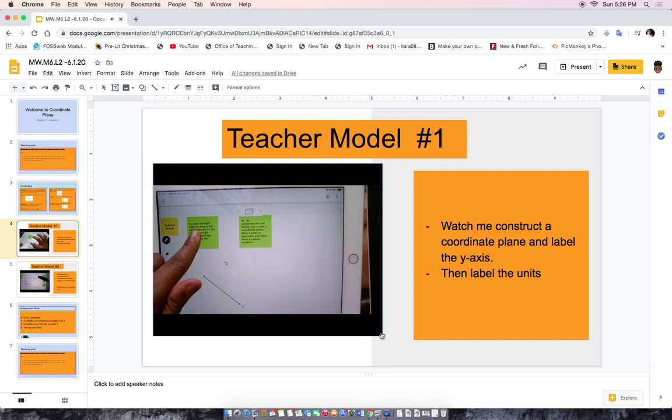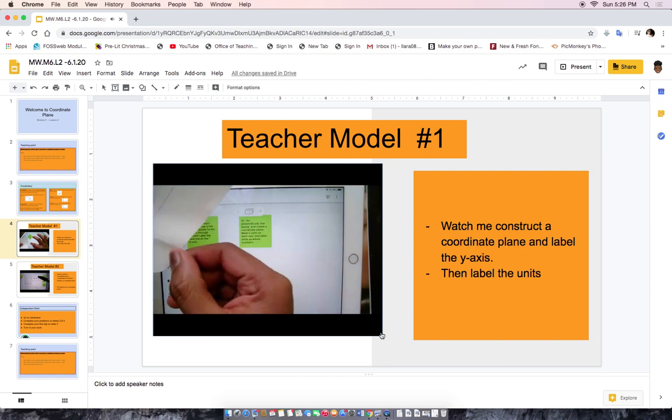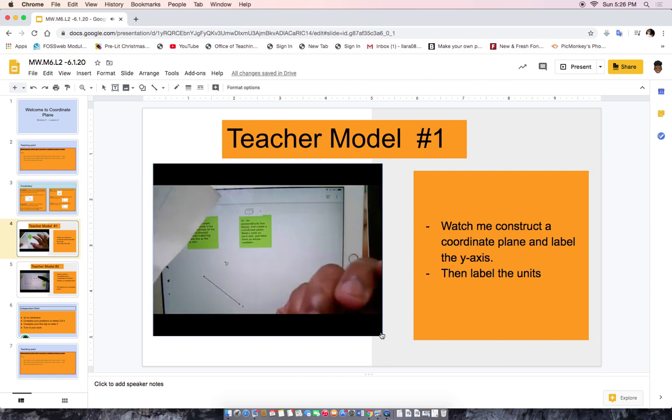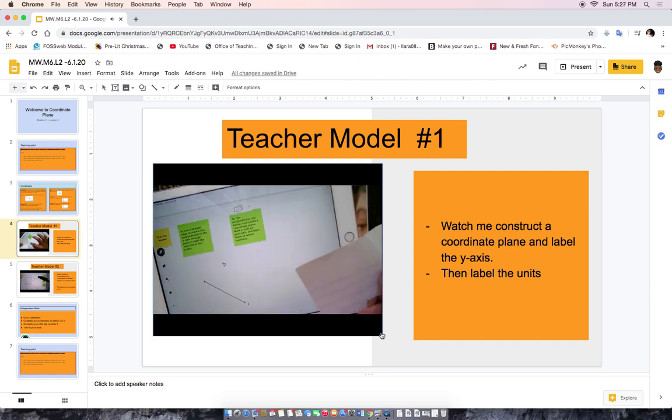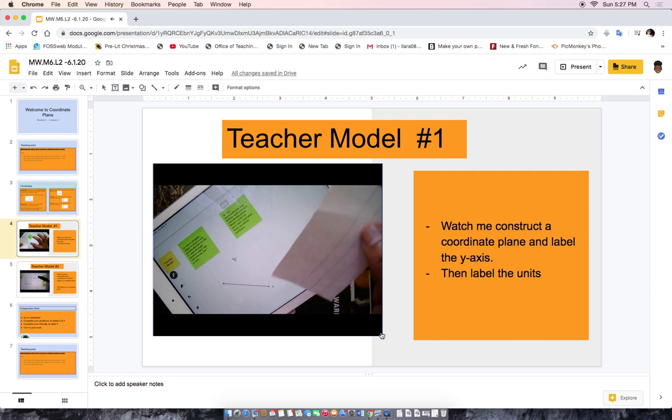Okay, so I'm going to first look at this problem here on this part 1A. So it says use a straight edge. So a straight edge is anything that has a straight edge like this, a ruler. So I'm not actually going to touch my screen, but I'm going to hold it as closely as I can to help me make this straight edge.